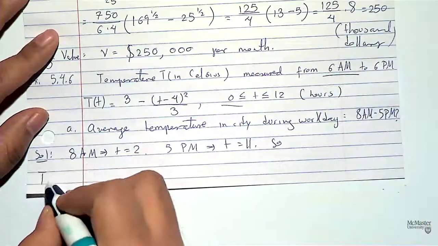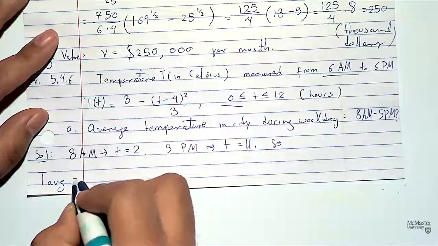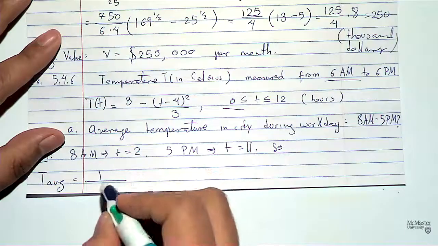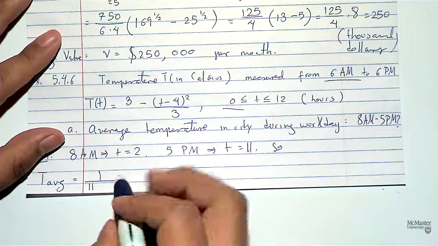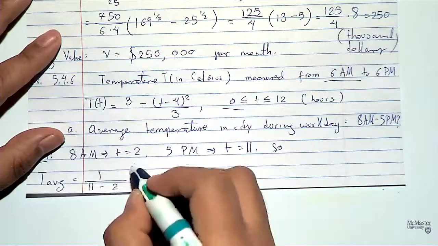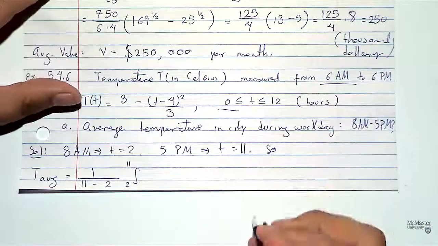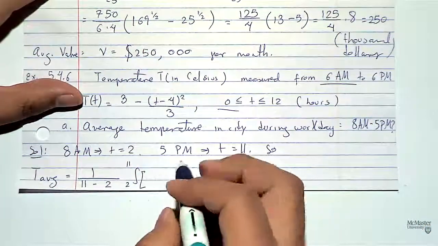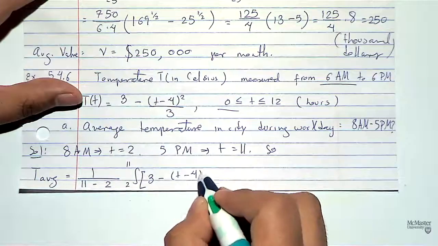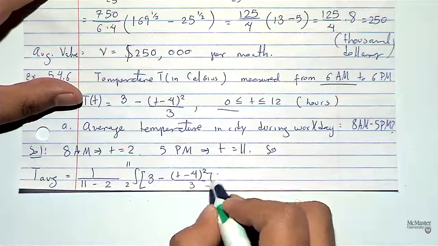So the average temperature over this time interval is, first you divide by b minus a, right? 11 minus 2 in this case, and then you perform the integral from 2 to 11 of the function that you were given, which is 3 minus, and then a quotient, (t minus 4) squared divided by 3, dt.